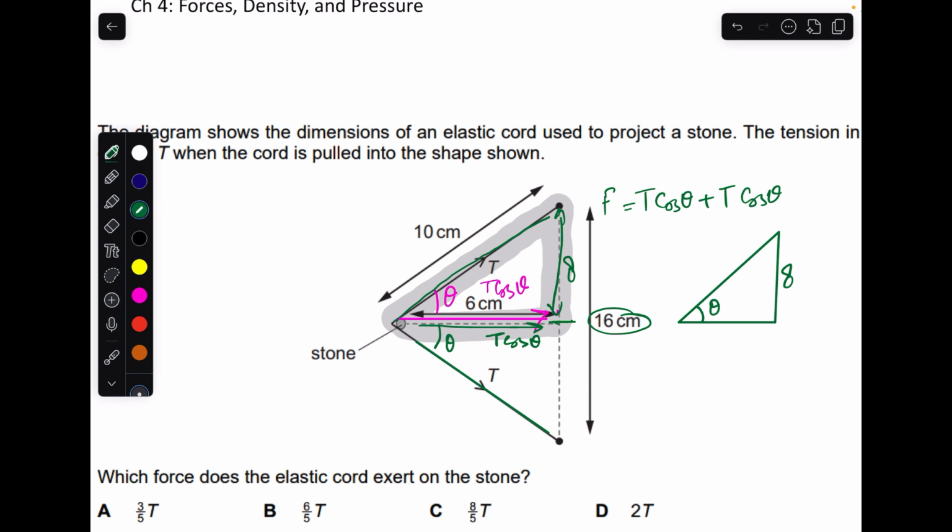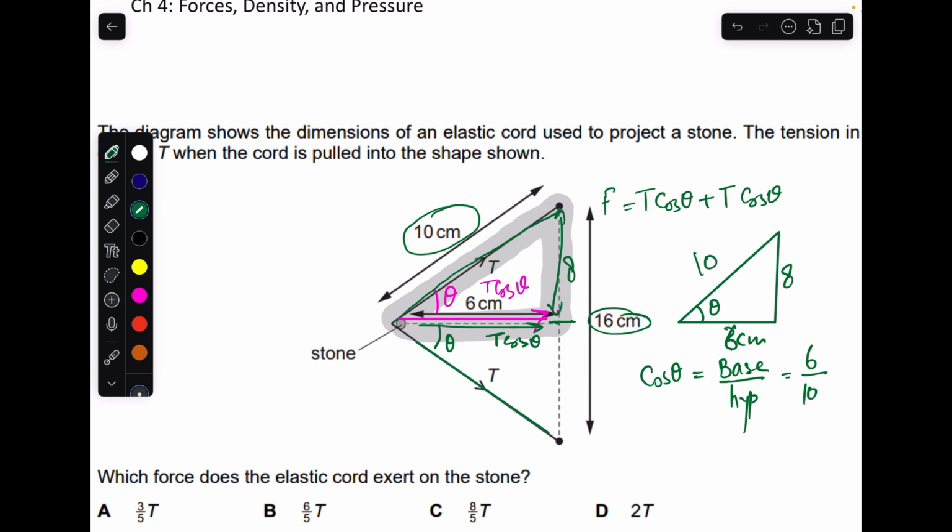This side is 10, and this side is 10. We don't know this side, so we can write down theta with the help of these two sides. As we know, cos theta can be written as base over hypotenuse. We know this thing as well, this is 6 centimeters. So cos theta is base over hypotenuse, so this will be 6 over 10.